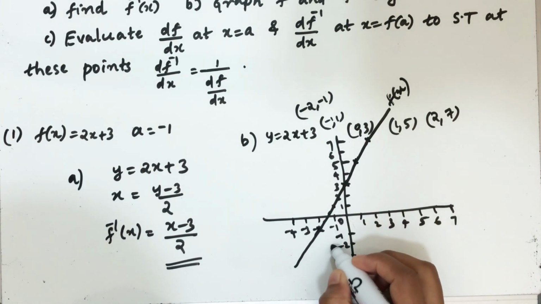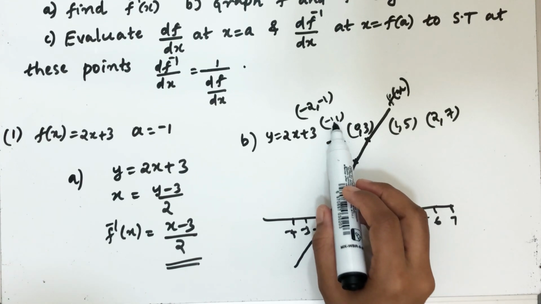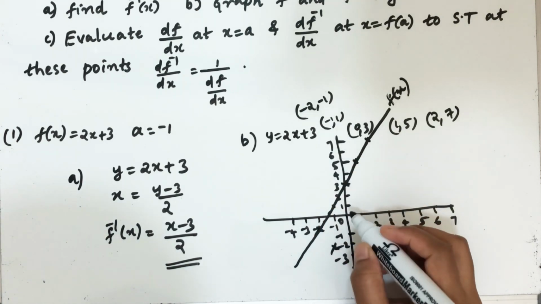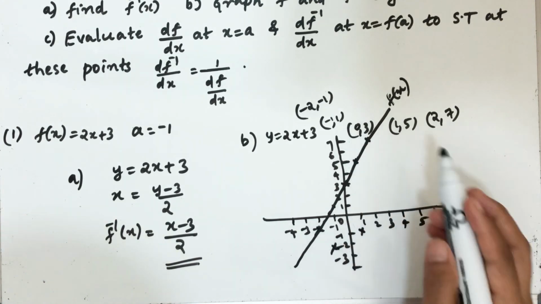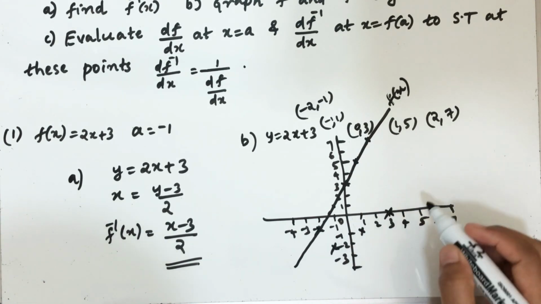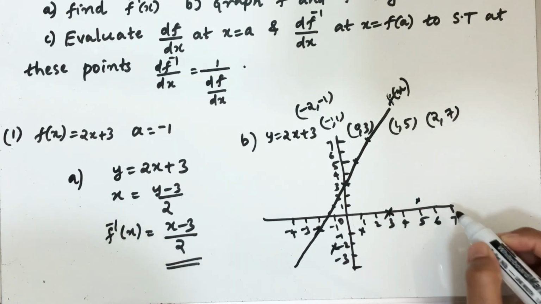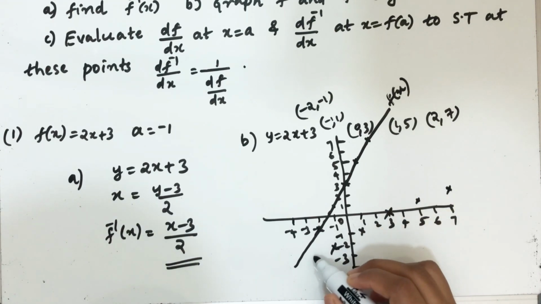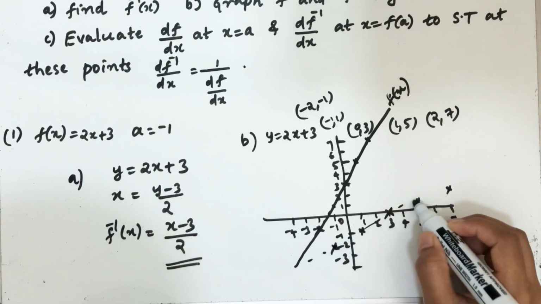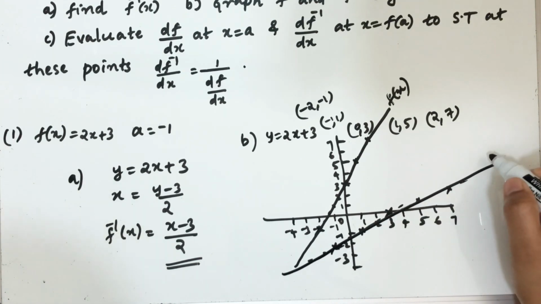(Minus 1, 1) will become (1, minus 1). Second (3, 0), (5, 1), (7, 2). So this is the graph of f inverse of x.